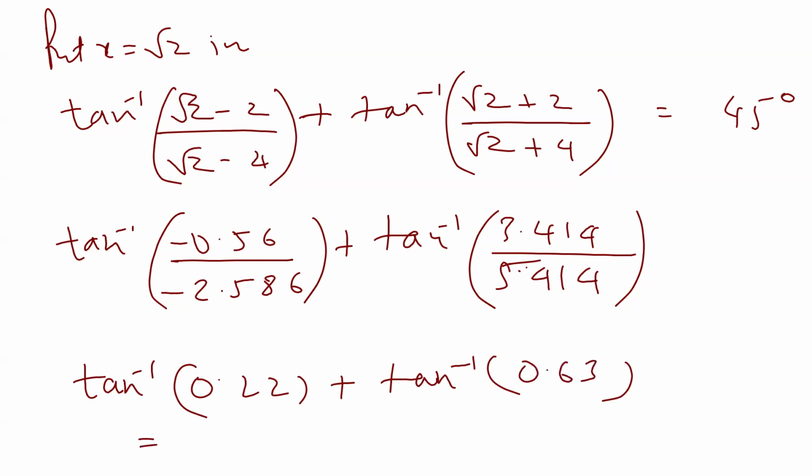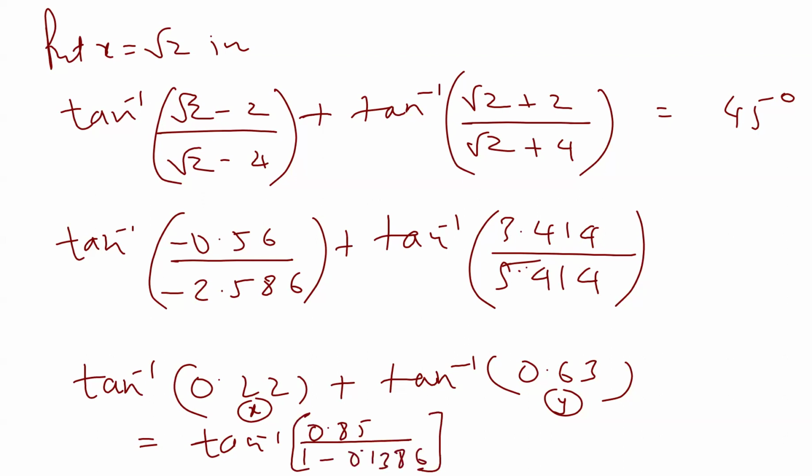So the formula I'm following is tan inverse of x plus tan inverse of y. So tan inverse of (x plus y), 0.22 plus 0.63. Okay, so that is 0.85, upon 1 minus 0.22 into 0.63, which is 0.1386.